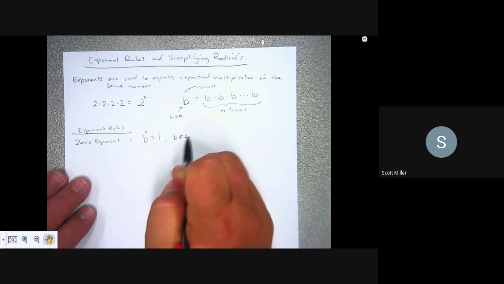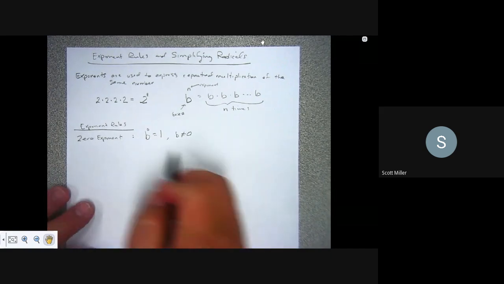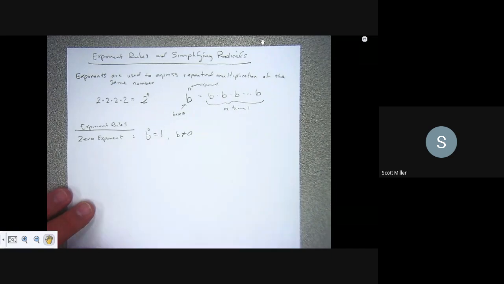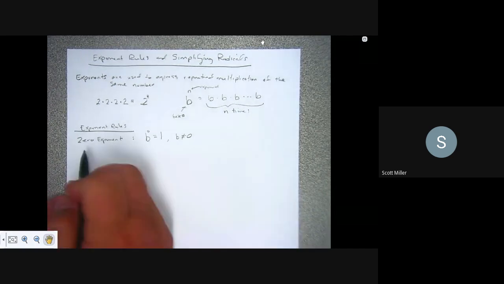And the base number cannot be 0. So 0 to the 0 is not 1. Okay? It's undefined. So I'll look at my problem that I need to simplify, and if I see any 0 exponents, I just turn those things into 1s, and that helps me simplify it out.